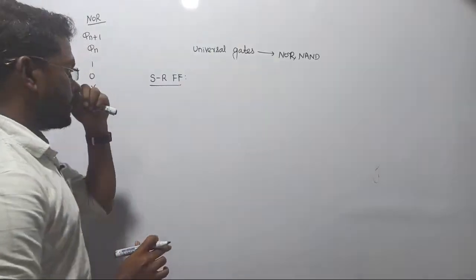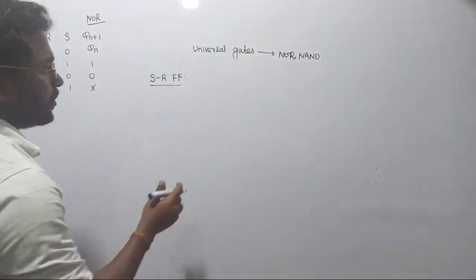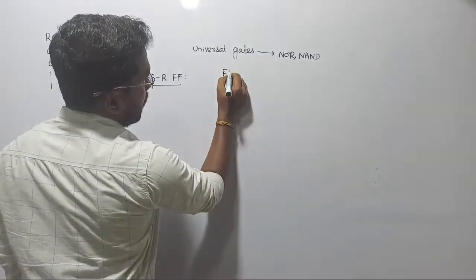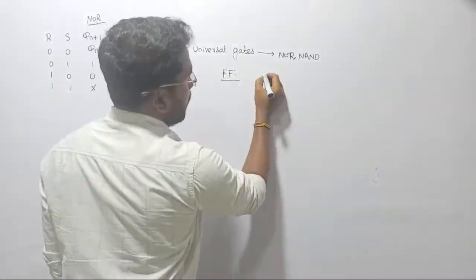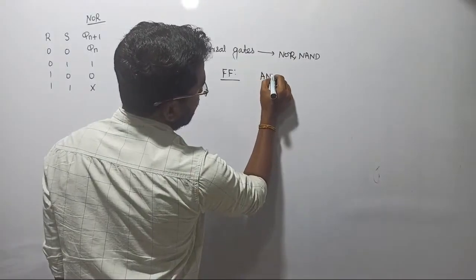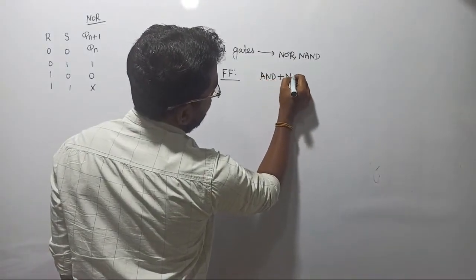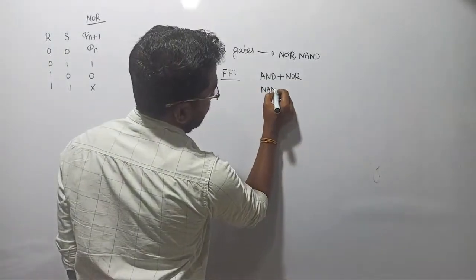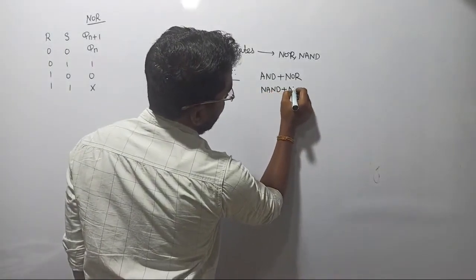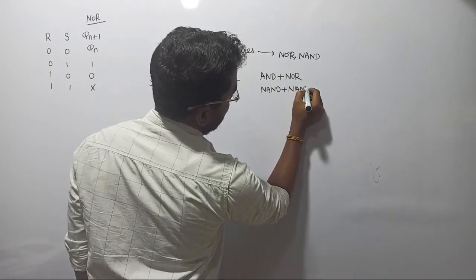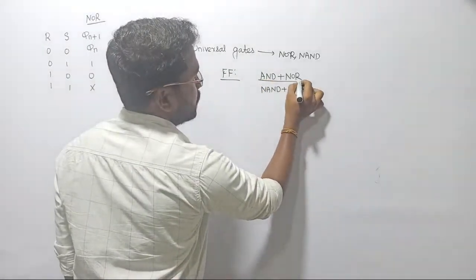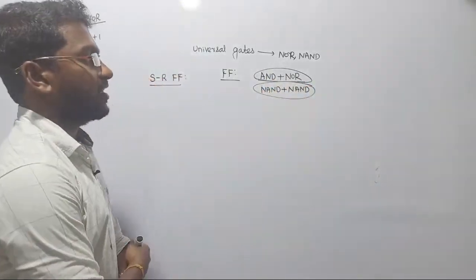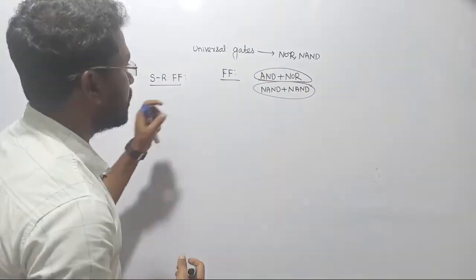In order to design the flip-flop circuit, either you can consider NOR plus AND gate combination, or you can consider NAND plus NAND gate combination. These are the 2 pairs of logic gates that we are going to consider in order to design the latches and the flip-flops. Either you can go with this combo, or you can go with this combo.